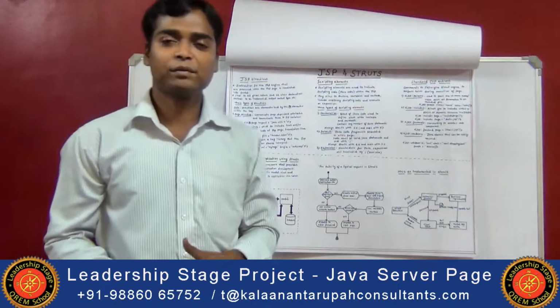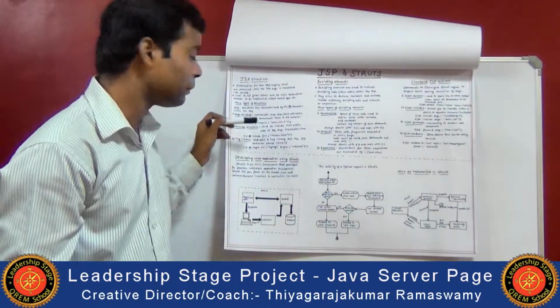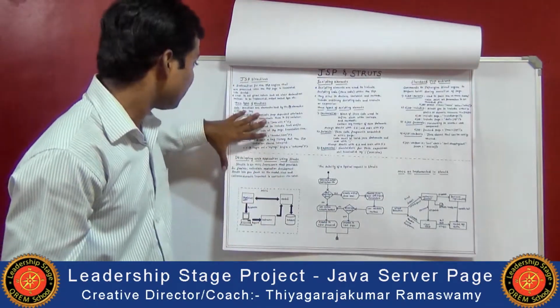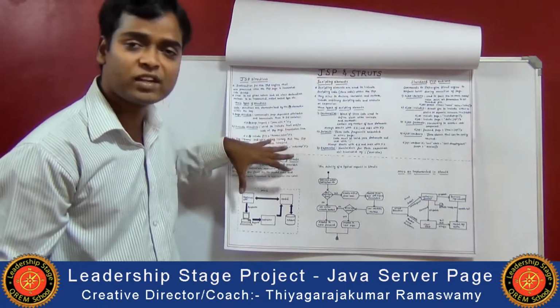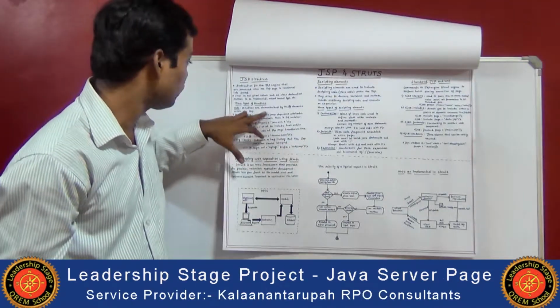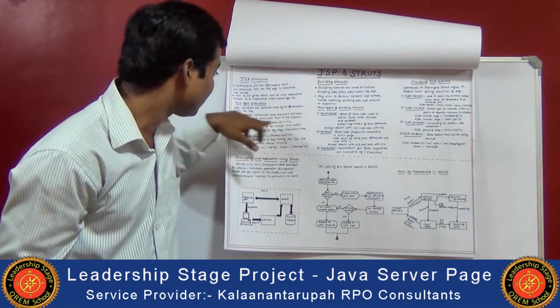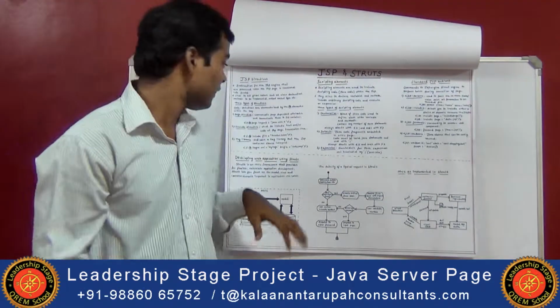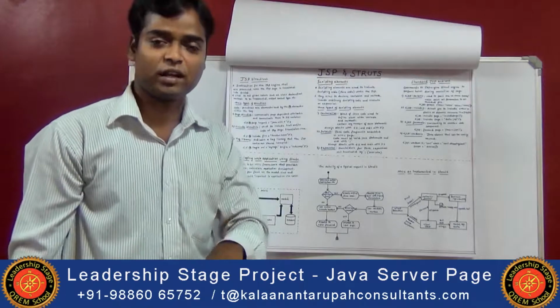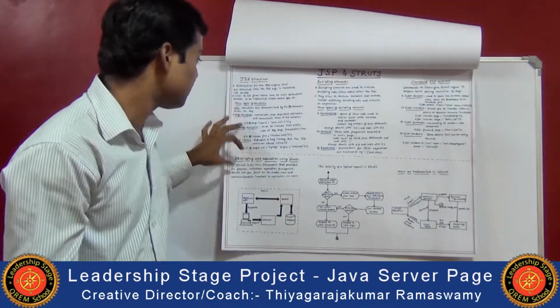We have mainly 3 types of directives. The first one is the page directive. To include these directives in the HTML page, we have to write them within a special tag. That is what is embedded into this HTML page. The first one is the page directive.